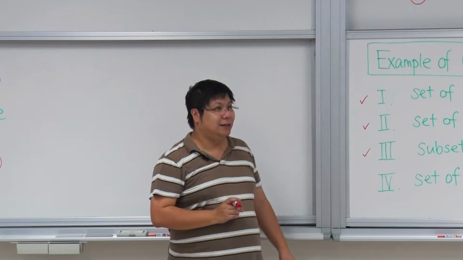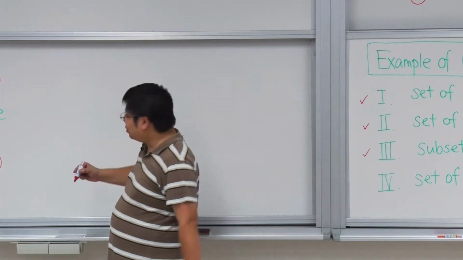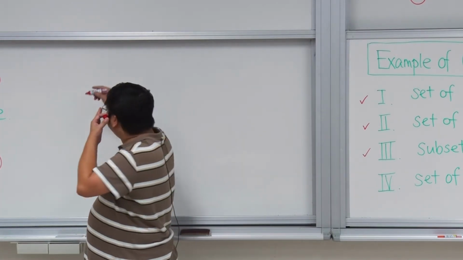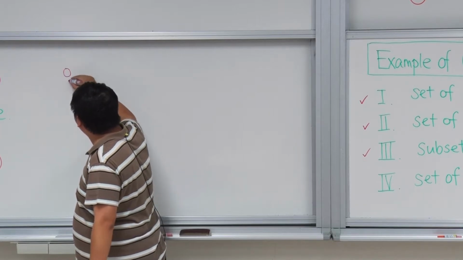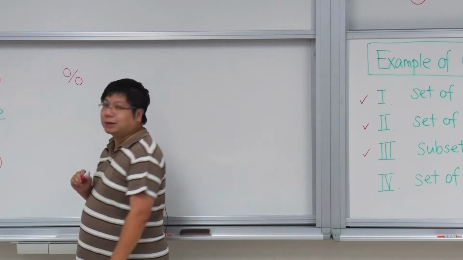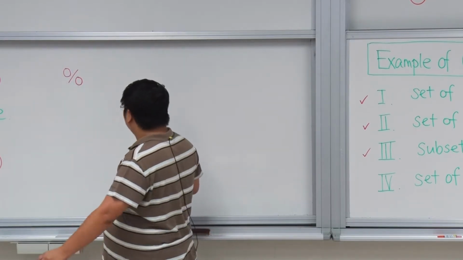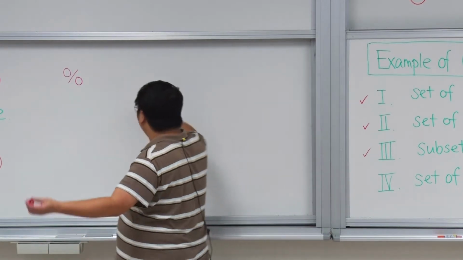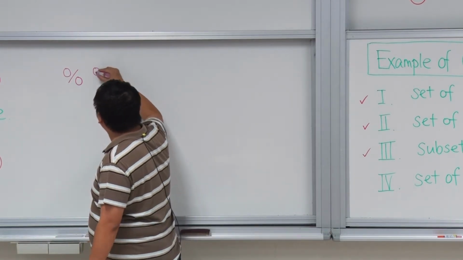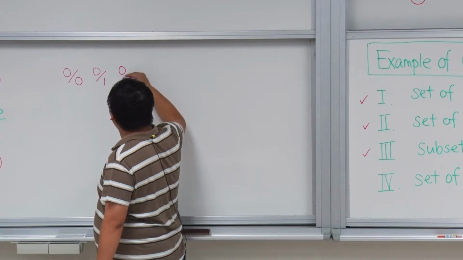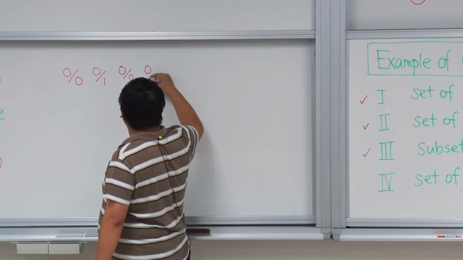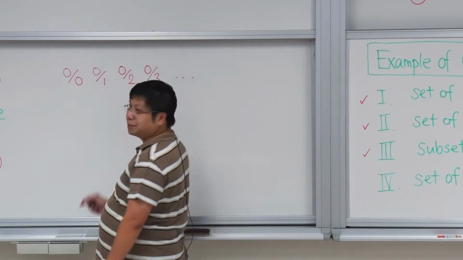Is that okay? Okay, so we are going to look at this as simple. We are going to look at things like 0 over 0, and then we have 0 over 1, 0 over 2, 0 over 3, and so on and so forth.